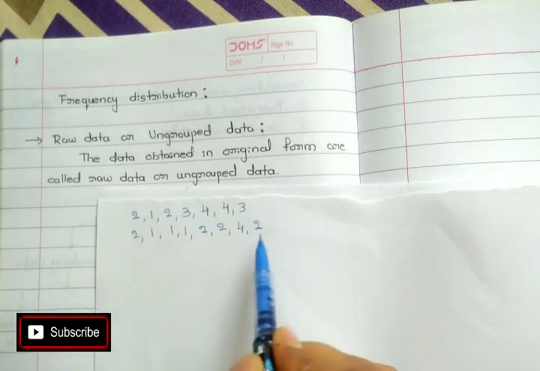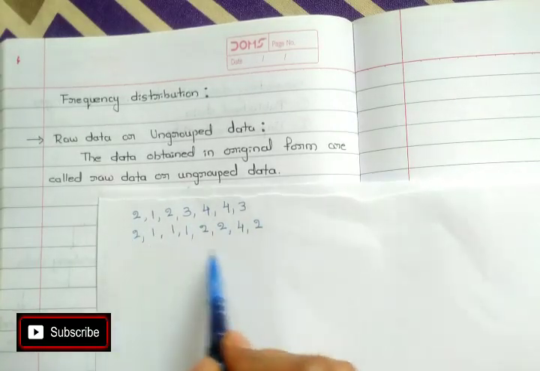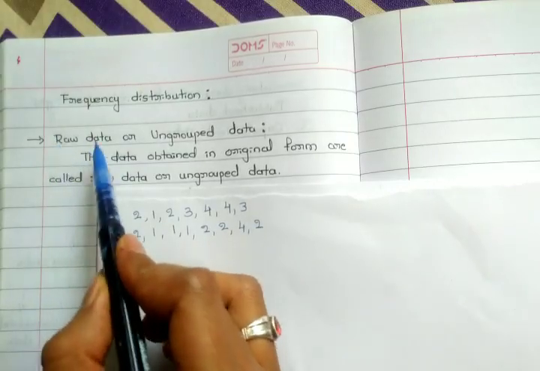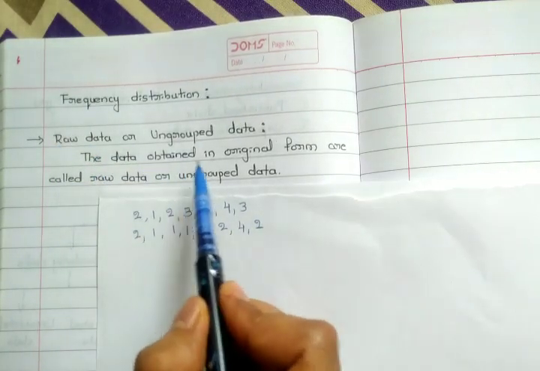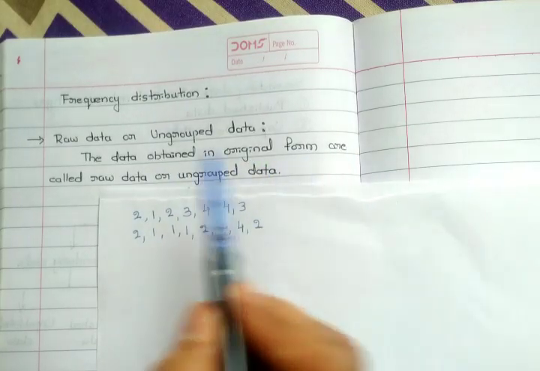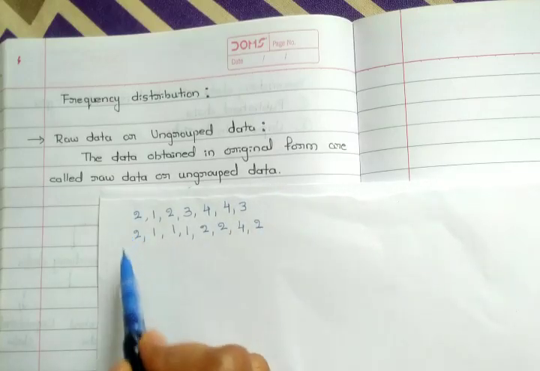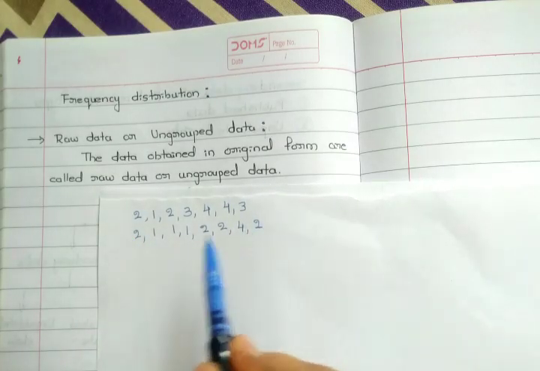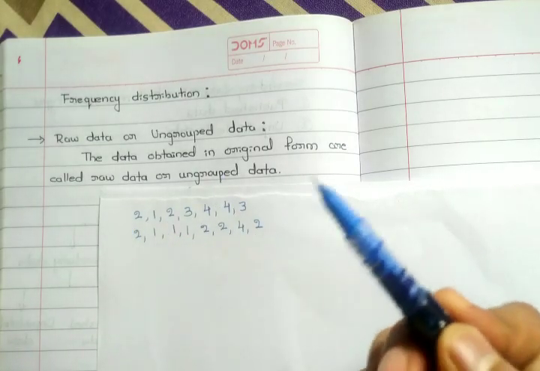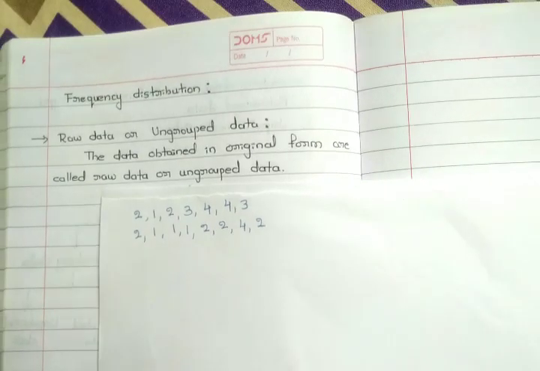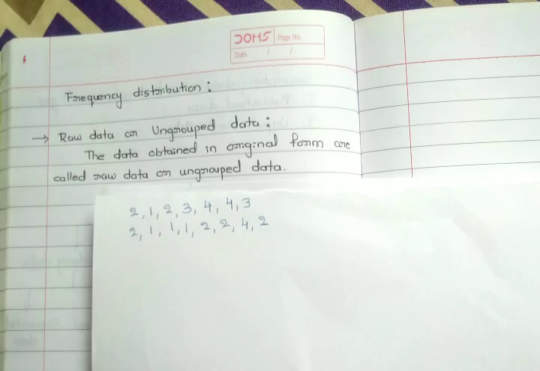So I have a total of 15 families' data here. Such data is called raw data, because data obtained in original form is called raw data or ungrouped data. Here no group is there, correct? I am just collecting the data directly from the family members.